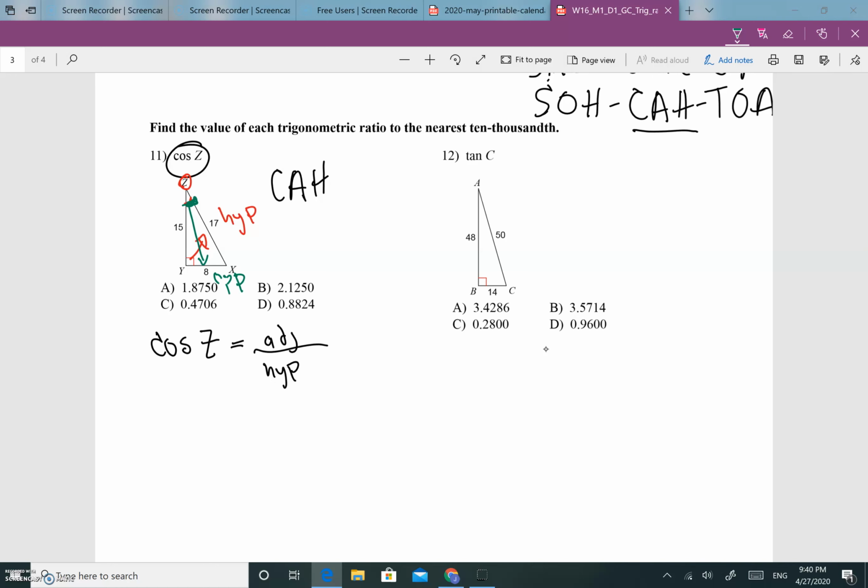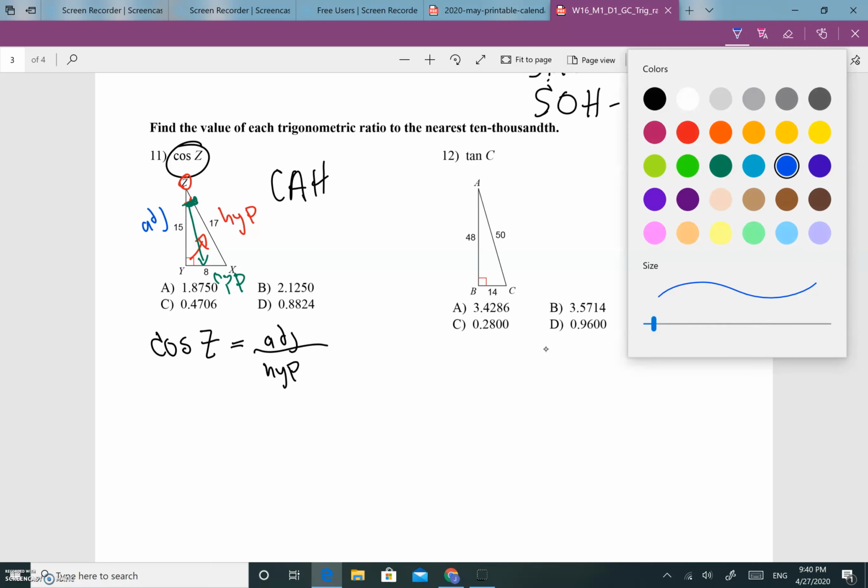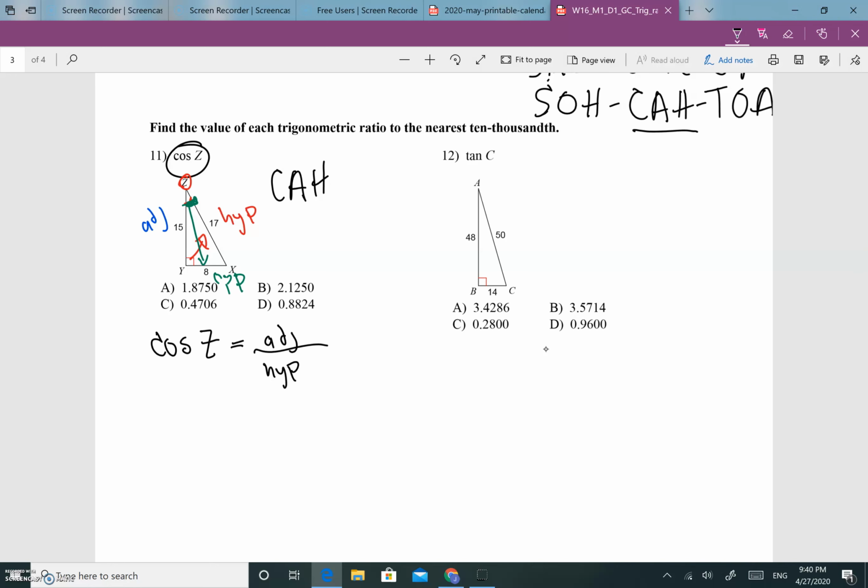Let's make that in blue. All that's left is to substitute. So cosine C is equal to adjacent, which is 15, over hypotenuse, which is 17.